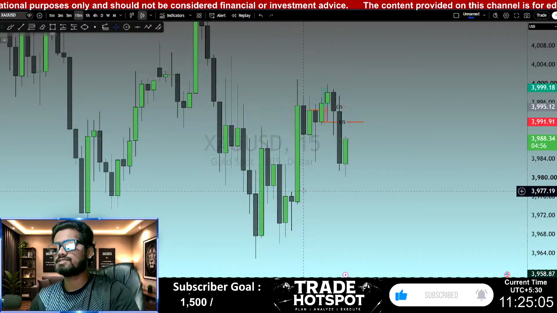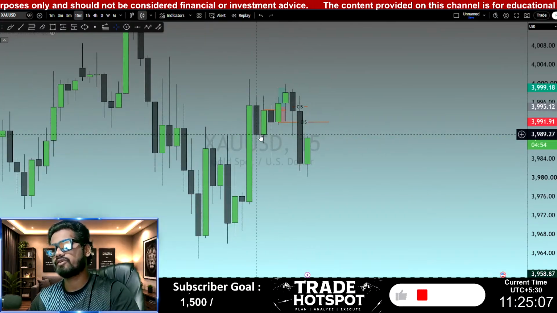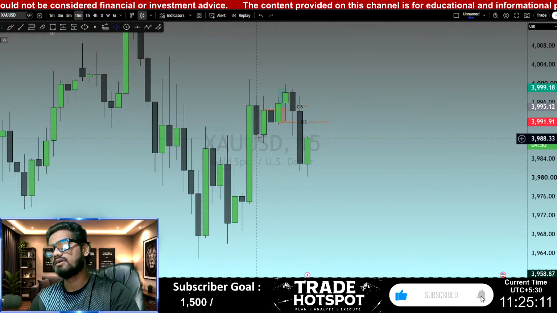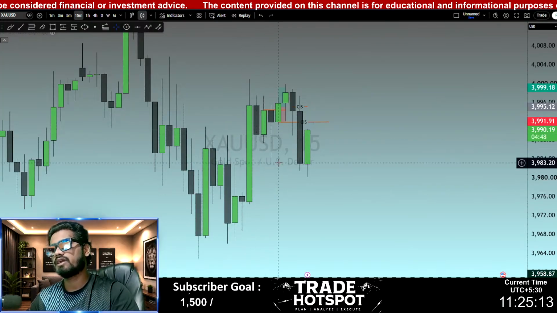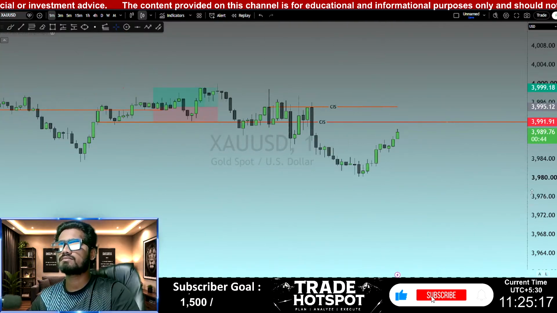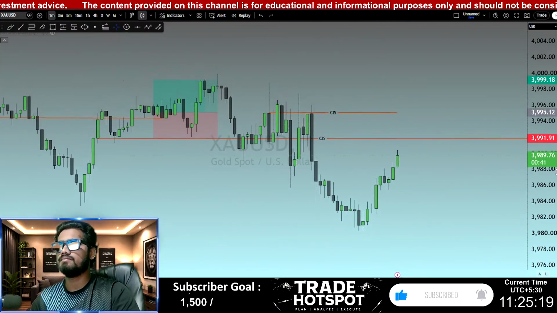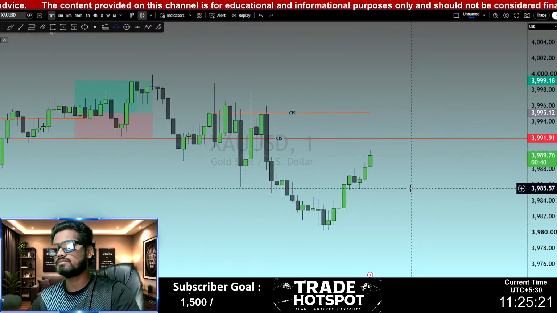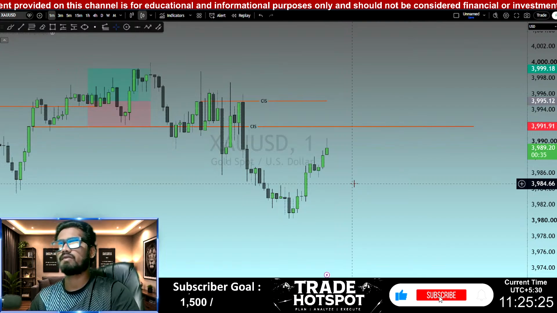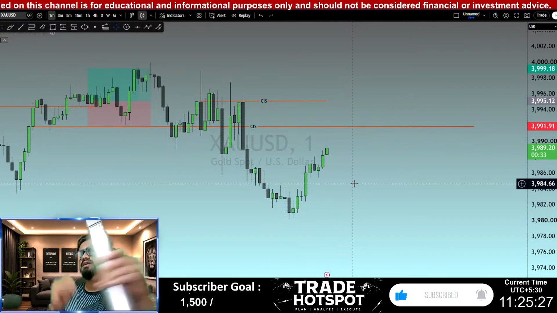And as we see, this is a point of interest area. There is an order block here pending, right? There is a fair value gap here, right? So there will be some chances for the market to move upside. So you can, guys, wait.